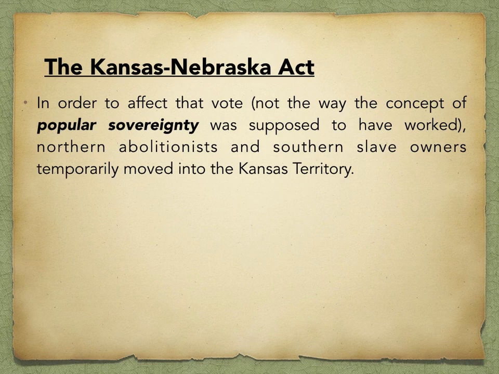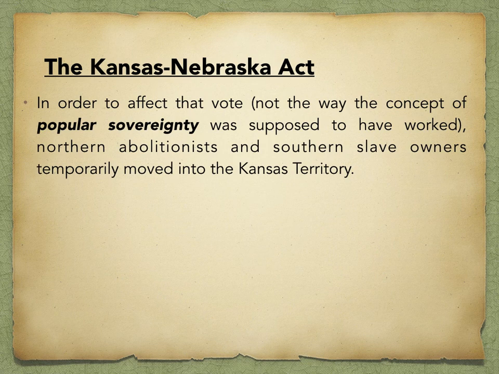All right, so in order to affect the vote, that was not necessarily the way that the popular sovereignty concept was supposed to have worked. Northern abolitionists and Southern slave owners temporarily moved into the Kansas Territory. So these people packed up their bags and moved into Kansas, because whoever had the most people basically won. If you had more abolitionists than Southern slave owners in Kansas, then Kansas would have become a free state.